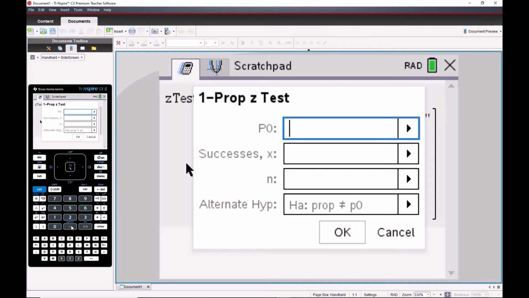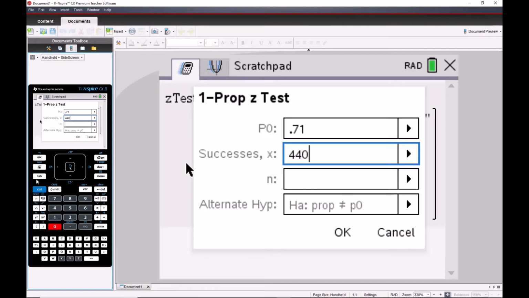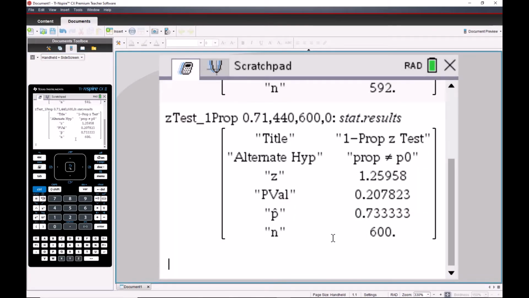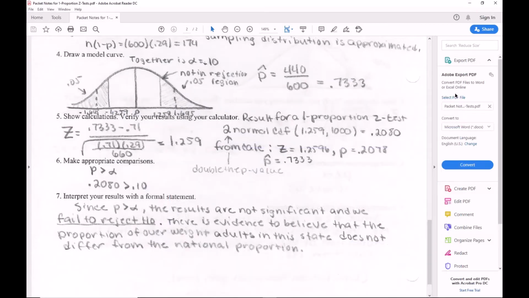All right, so 0.71 and 440 and 600. And we can tab to OK, hit OK. All right, here we go. Here's Z, here's P, here's your p hat. Those are duly recorded here, here, and here.